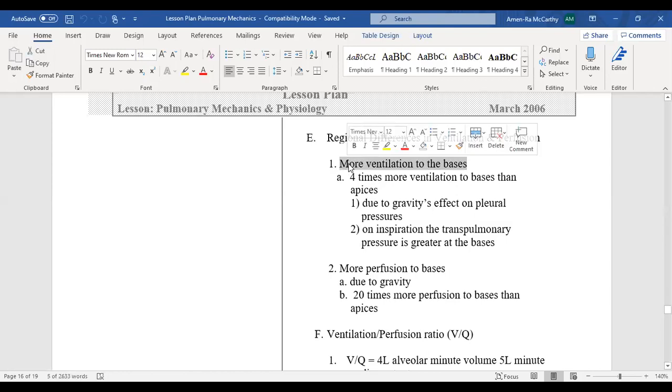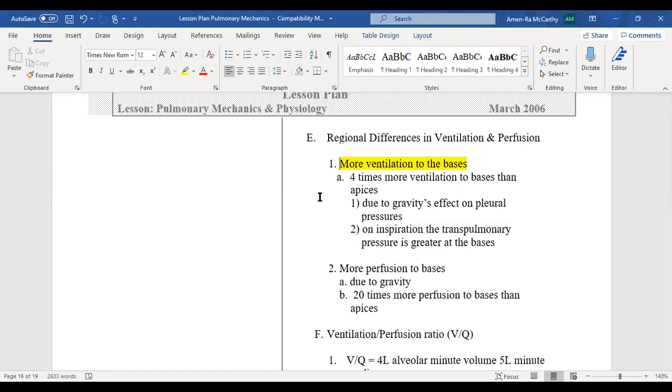I'm on number 1 in the area. Regional, like your region, this region of your lung, that region of your lung. There is more ventilation to the bases of the lungs than to the apices. So there's more ventilation going on at the bases of your lungs than at the top. More ventilation?